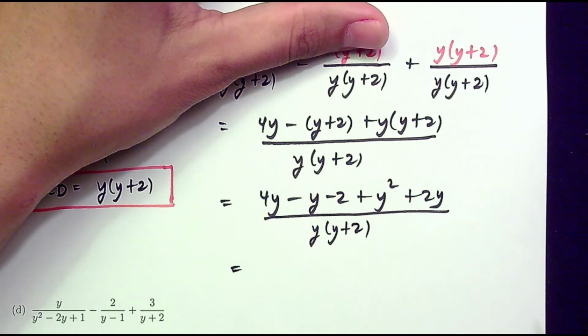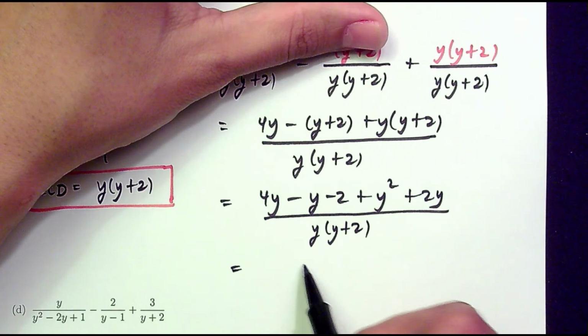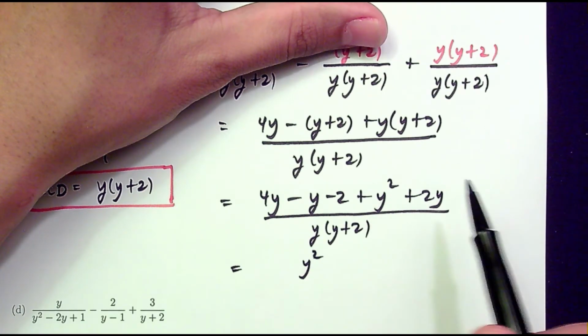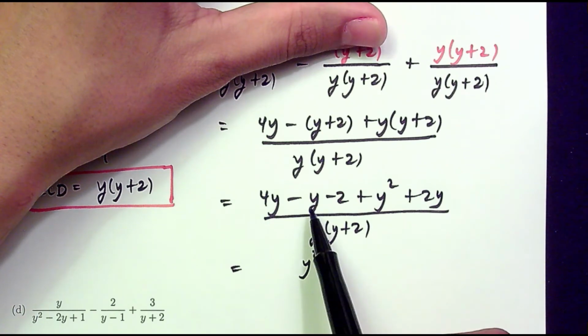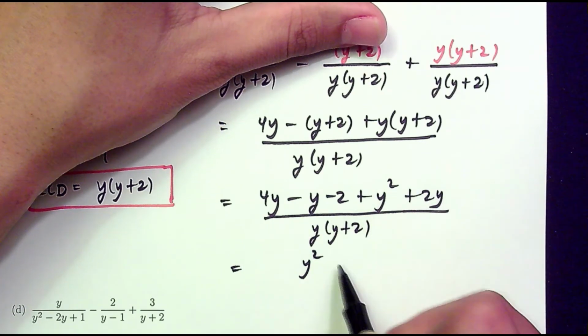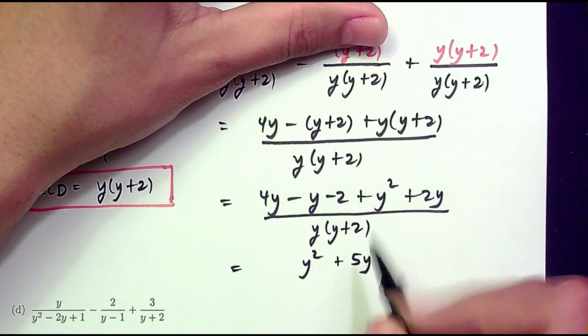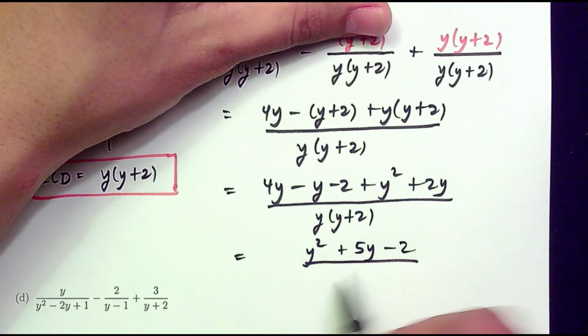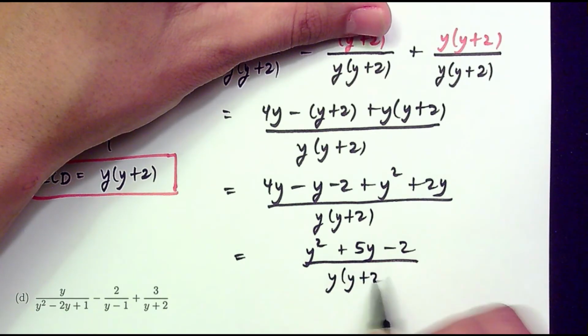And then lastly, let's combine like terms and put everything in order. So y squared, I have 4y minus y, that is 3y. 3y and 2y is 5y, and then minus 2, all that over y plus 2.